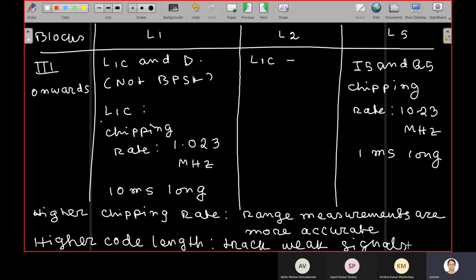I will not use the word track at this point because you may get confused, as you are not familiar with tracking yet. So we want to receive weak signals and we want to improve accuracy. It can be shown that if we increase the chipping rate, we can have better accuracy, and if we have a higher code length, we can receive weaker signals. These are the motivations for such a complicated design.